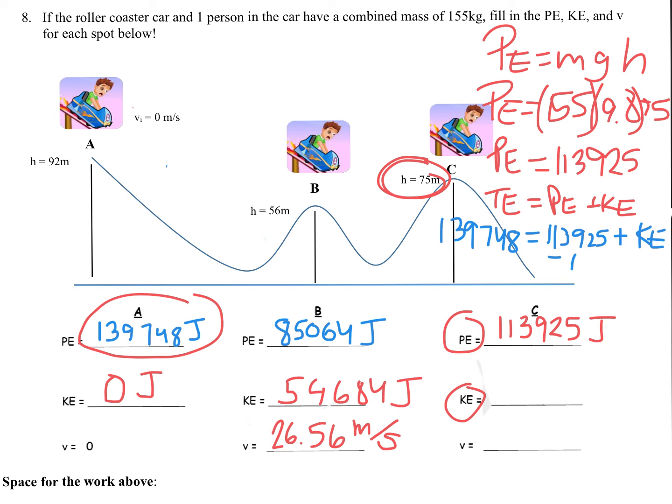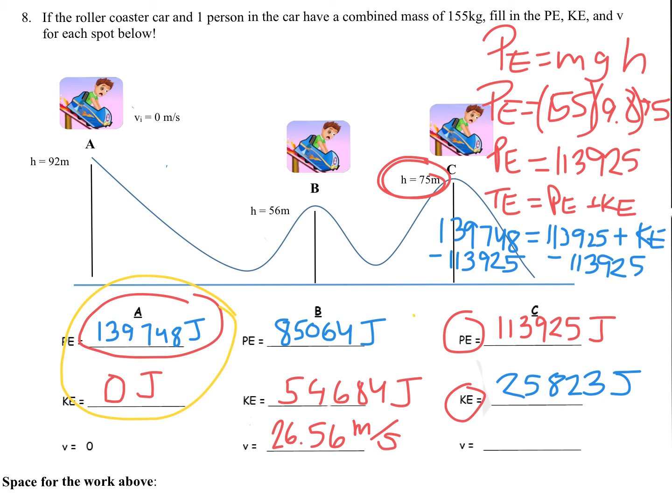So we'll just subtract 113,925 from both sides. And when we do that, 139,748 minus 113,925, you end up getting about 25,823 joules.